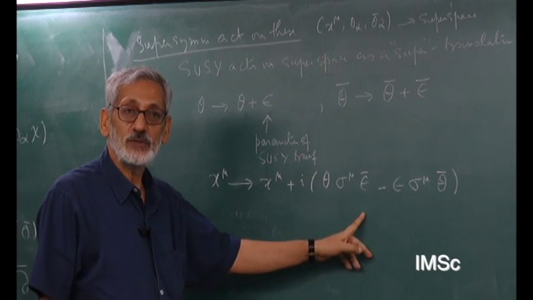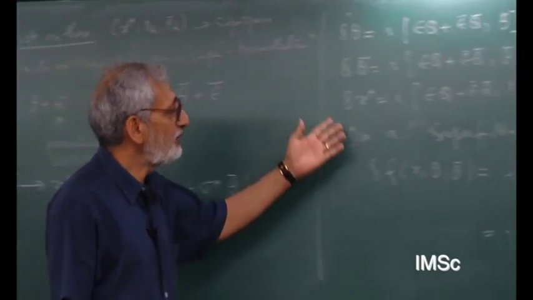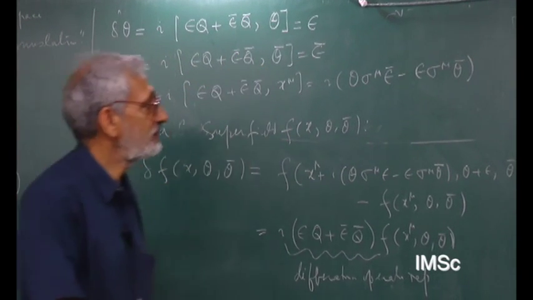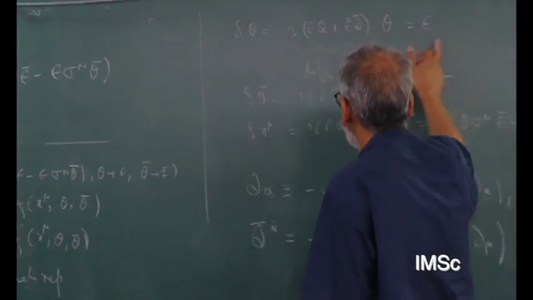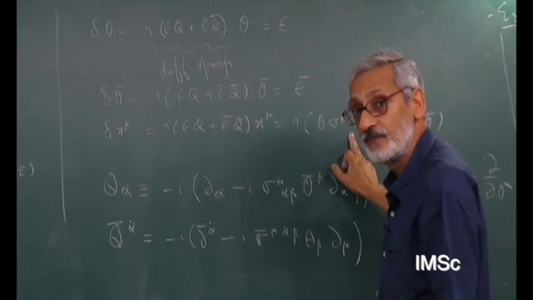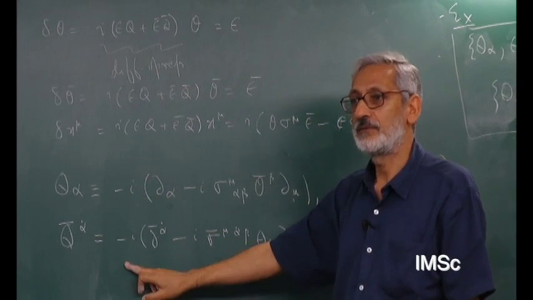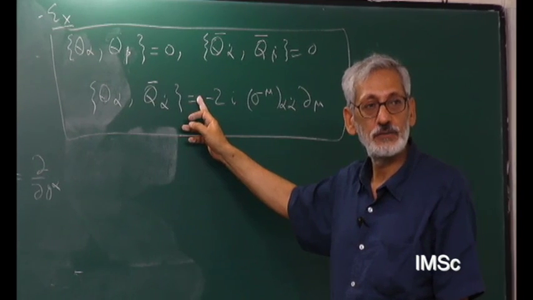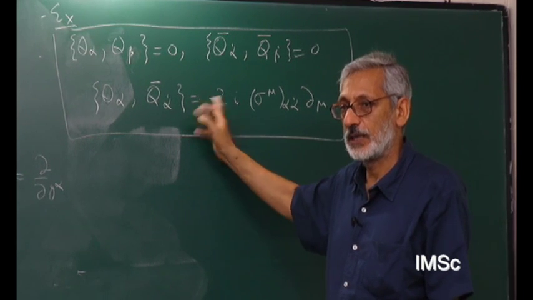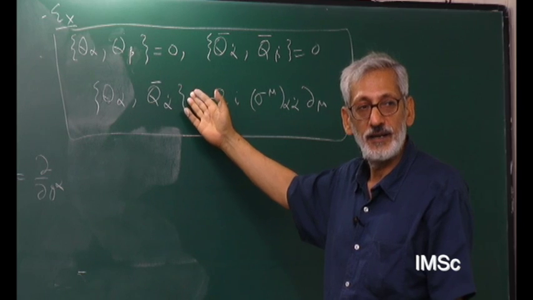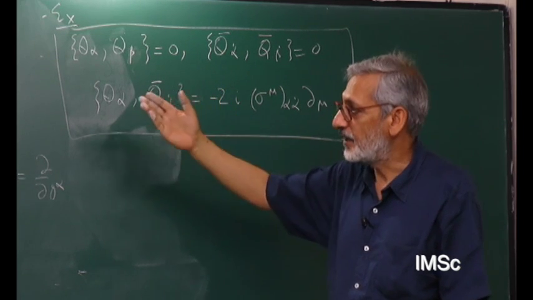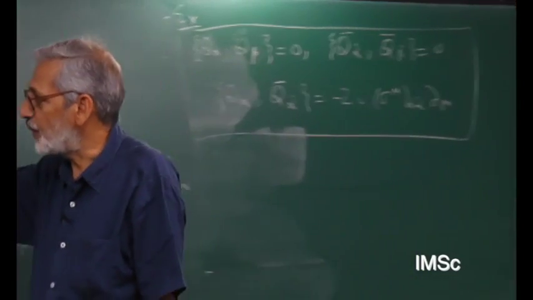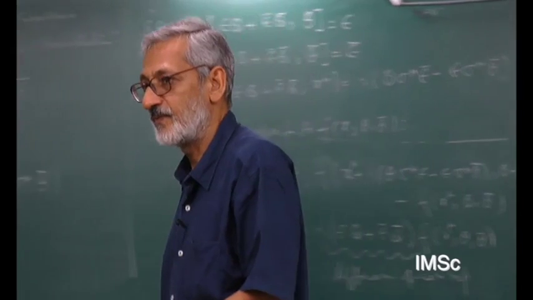X mu gets shifted by this amount. Then we asked, can we find a differential operator representation of Q's which implements that, which means this. And the Q's that implement that are here. And what is the algebra of those Q's? That's the same as the supersymmetry algebra. So we have found that the supersymmetric transformations on the superspace act as a super translation. I think we'll stop at that here.